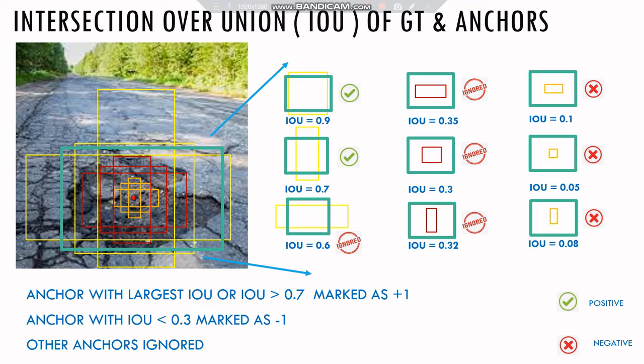These were some of the steps which were taken to reduce the number of proposal regions. And now we'll see the full network, how all these different pieces, especially the anchor boxes and the intersection over union, are used to finally classify and build the bounding box regressor also. Let's see that in the next slide.